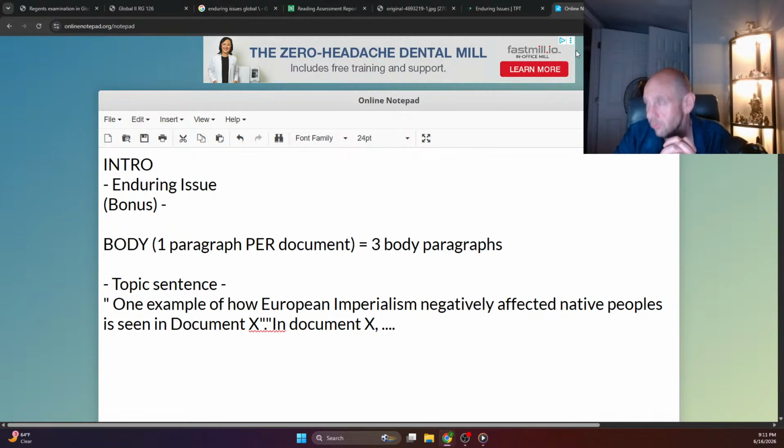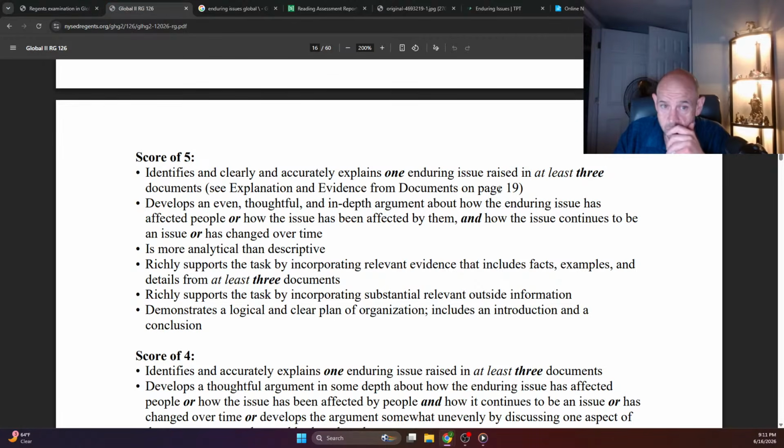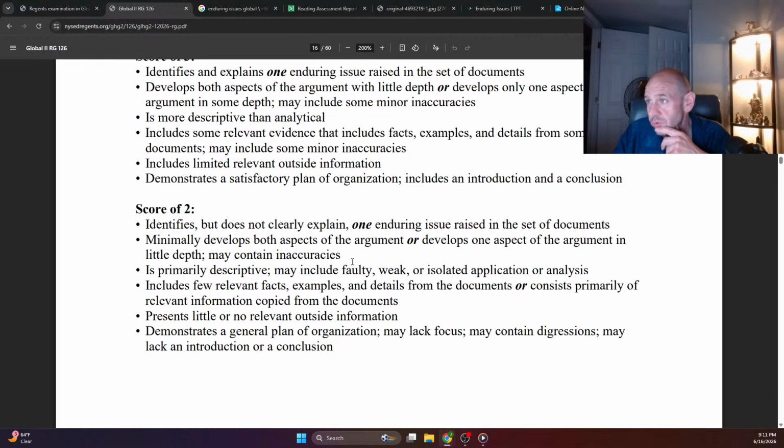You summarize. The reason quoting is bad is because although quoting does by definition score you the idea of using the documents, let me show you the rubric again. So if I go to a 2, it includes few relevant facts, examples, and details from the documents, or consists primarily of relevant information copied from the documents.